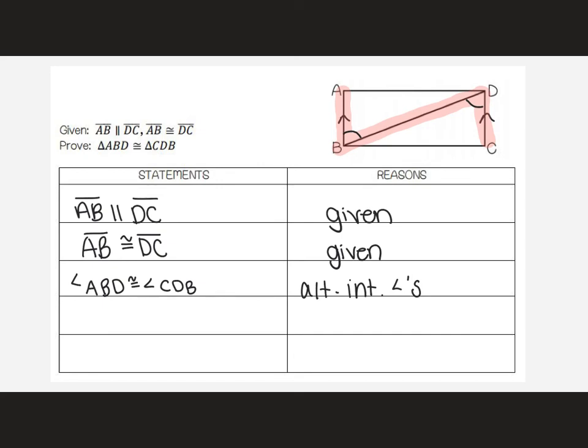I also was given that AB is congruent to DC, so we can also add congruency marks to those. Once you've used both givens, you look for either vertical angles or a line that the 2 triangles share, and they share segment BD. So BD is congruent to BD, and we call that reflexive.